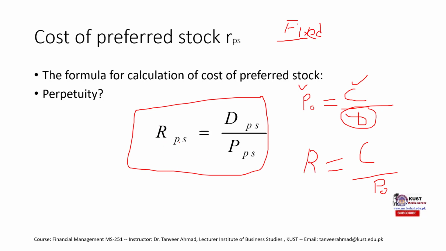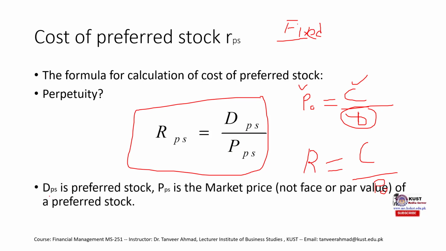Cost of preferred stock is equal to the dividend of preferred stock. In the time value of money it was cash flow, and we are just denoting the cash flow by D because it is the dividend of preferred stock, divided by the price of preferred stock. So DPS stands for dividend of preferred stock, and we use the market price, not the face value, remember.